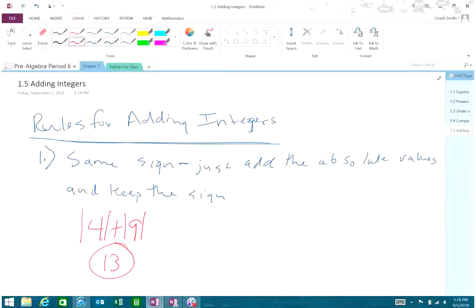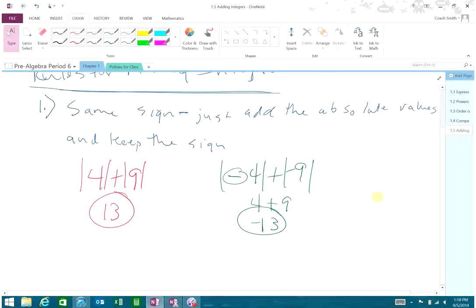If I had negative 4 plus negative 9, I take their absolute values, which are 4 and 9, add them together, 13, and keep the negative sign. So that's the first rule.